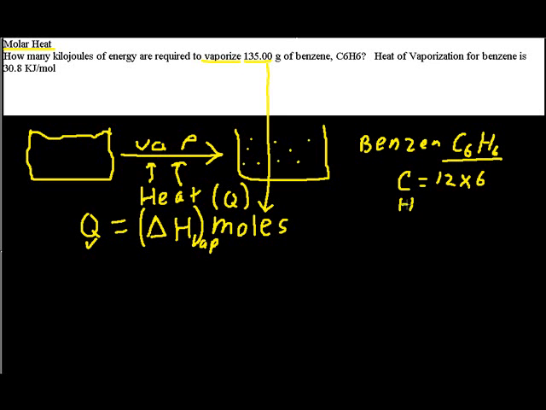Hydrogen weighs 1. I have 6 of them. So this is going to be 72, and this is going to be 6. And so the weight of 1 mole of benzene is going to be 78 grams per mole.